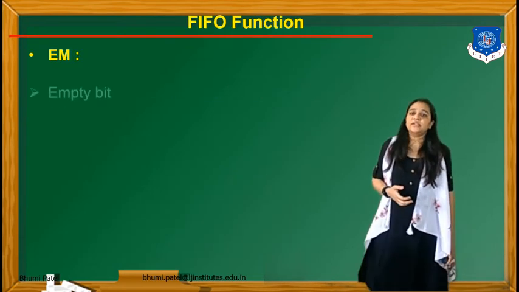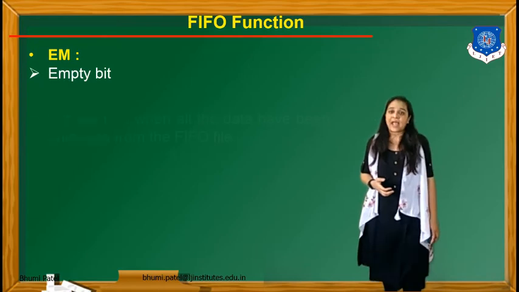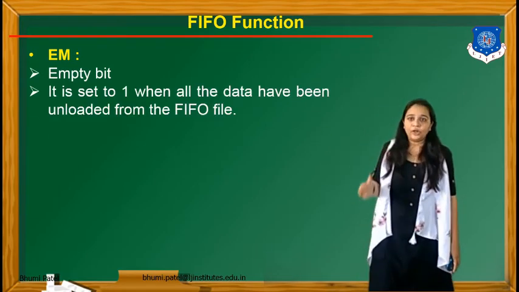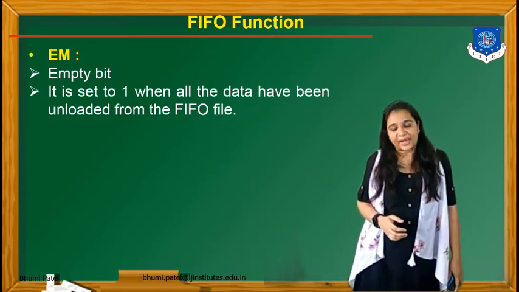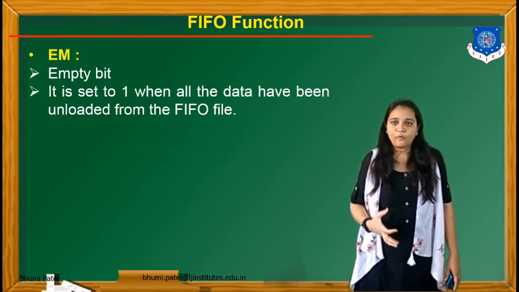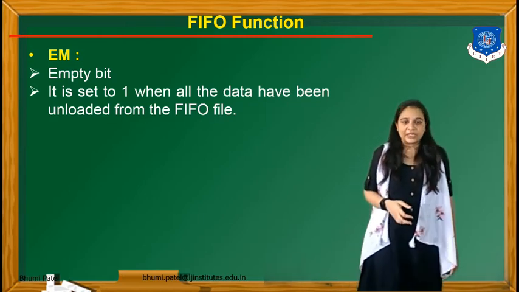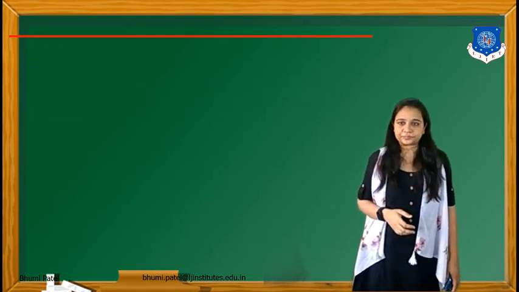Now the third one is the EM. It is known as the empty bit. It is set to 1 when all the data have been unloaded from the FIFO file, indicating that my FIFO file is empty, so you can load the data at this particular location.